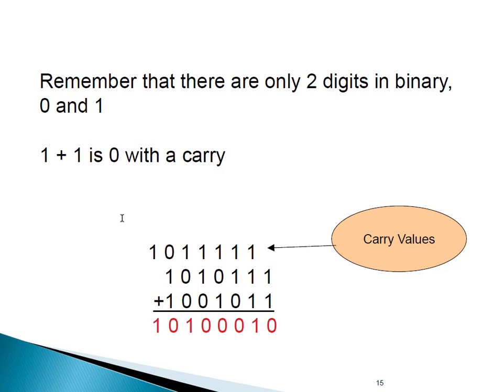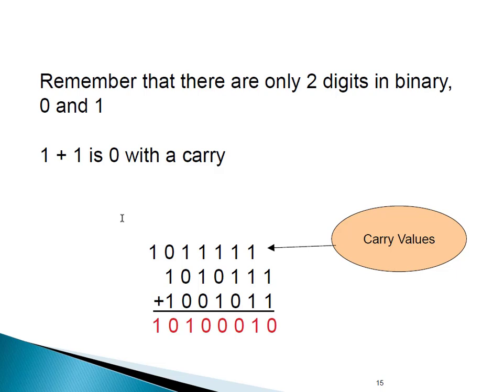Remember that if you were doing addition in base 10, as you did in primary school, when you add two numbers together and you have an overflow of a digit, what did you do? You simply carried it to the next position, the 10s position, if you remember that.